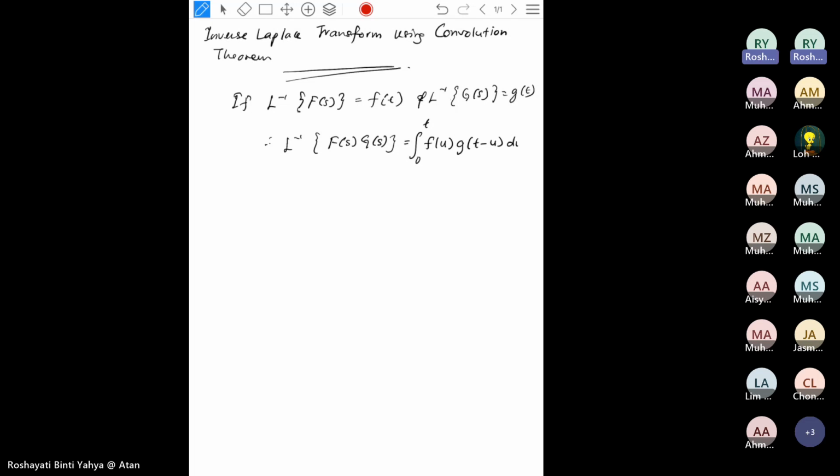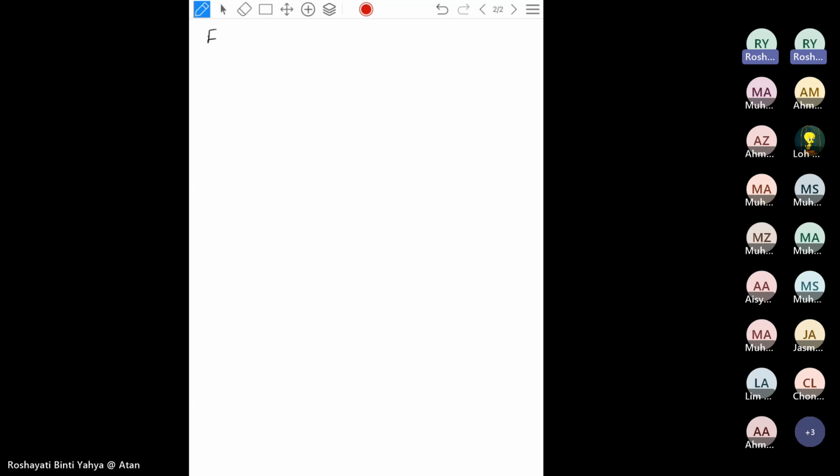Look at example 4.26. Find the inverse Laplace of 1 over s squared minus s minus 6 using the convolution theorem.